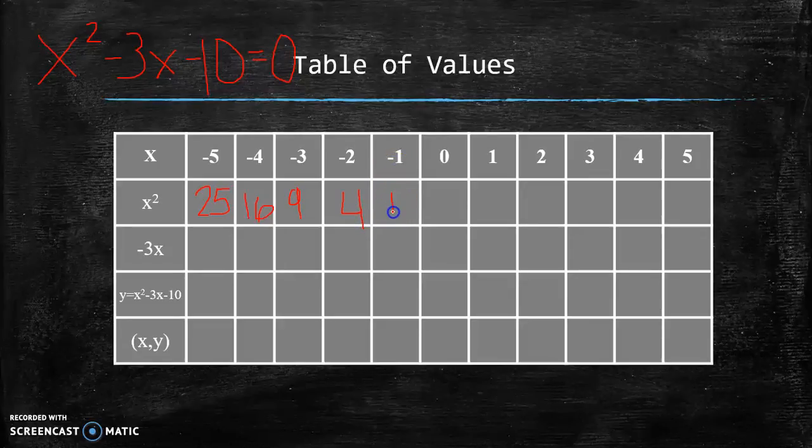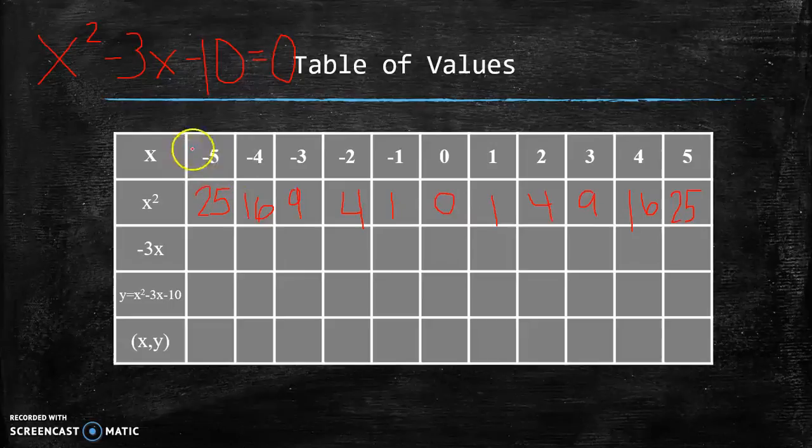Negative 1 squared is just 1. 0 squared is 0. 1 squared is 1. 2 squared is 4. 3 squared is 9. 4 squared is 16. And 5 squared is 25. I just chose from negative 5 to 5 for my x values. You can choose different ones, but I usually start with 0 and span out.